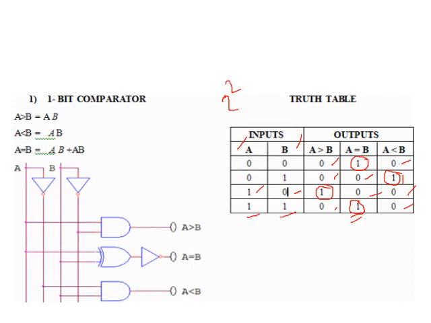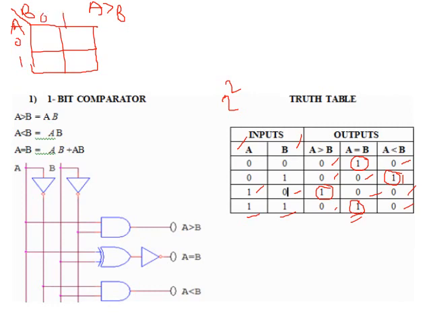It's very simple. Again, we have to put the K-map for all the three. So basically we have three outputs, right? So we will write the K-map for the first one, which is A greater than B. Take the two input variables A and B, write the combinations 0 and 1.